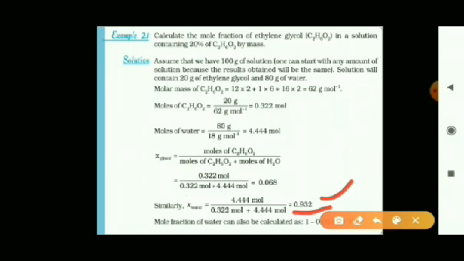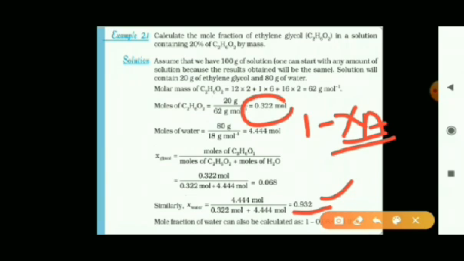For that, 1 minus mole fraction of A. The mole fraction of A we got is 0.068.